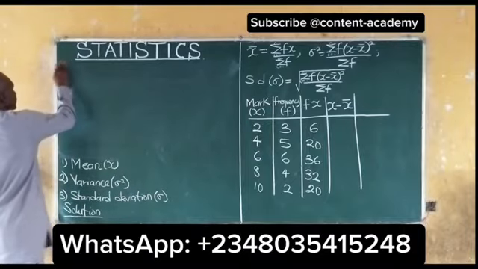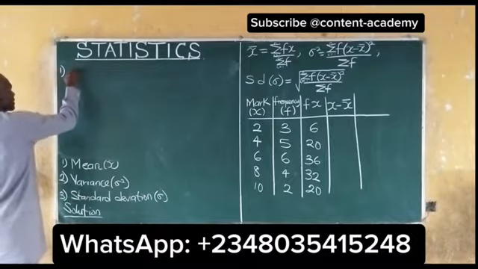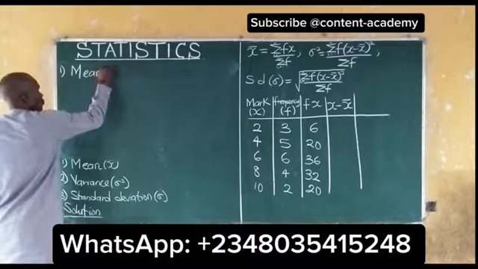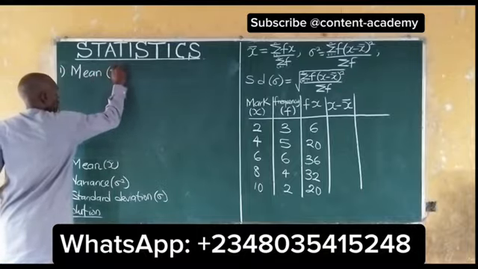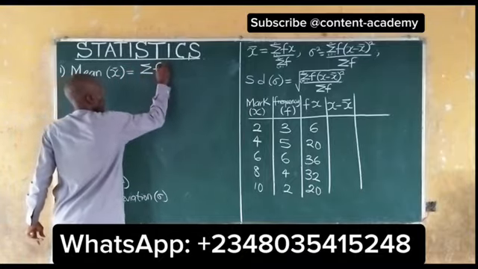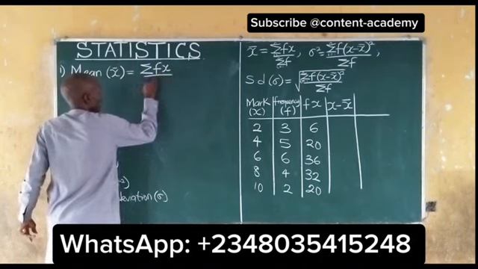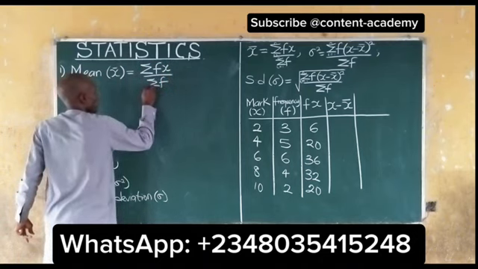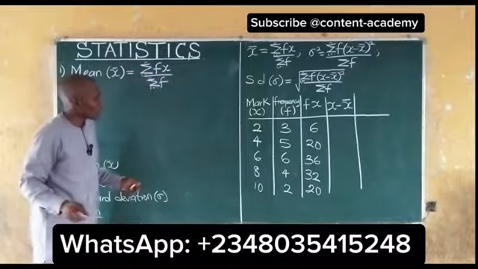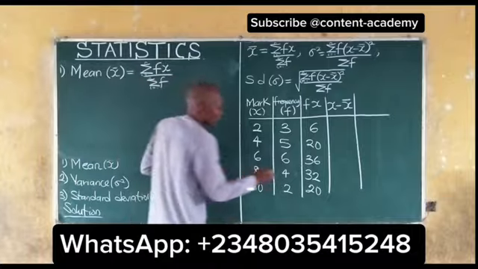So our mean, number 1, which is denoted as x bar, is equal to the summation of f of x over the summation of f, as i runs from 1 to n. Now, what do we have as our f of x?